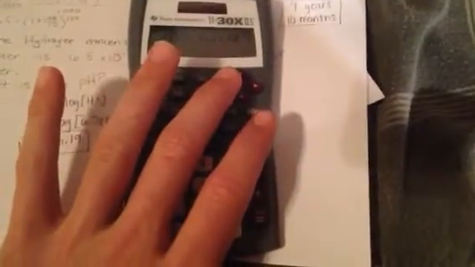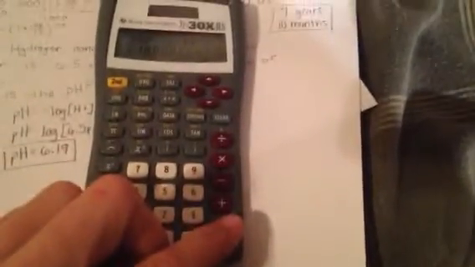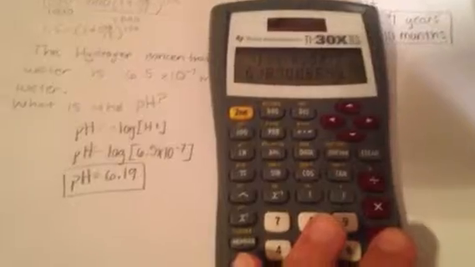And you get 6.187, which is 6.19. And that's how you get the pH.